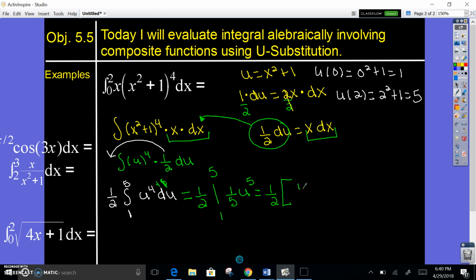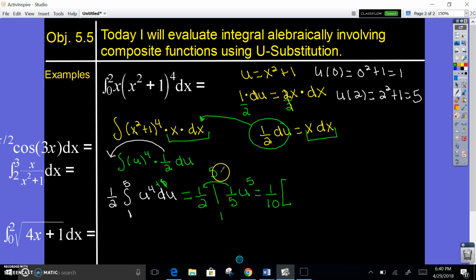Actually, you know what's probably easier? If I go ahead and take that 1/5, which I can, and just put it outside, it's going to clean things up a lot nicer. Let me erase this too. So if I bring the 1/5 out, which I totally can do, that's going to become 1/10. You don't have to do that. It just cleans things up a little bit better for me.